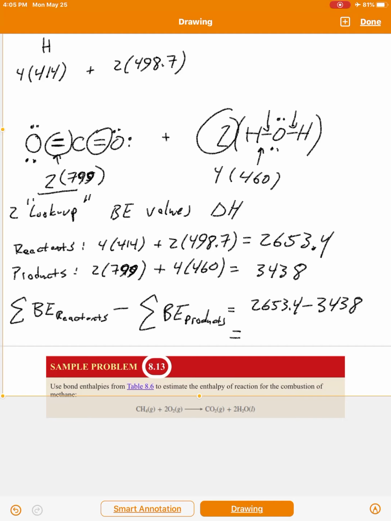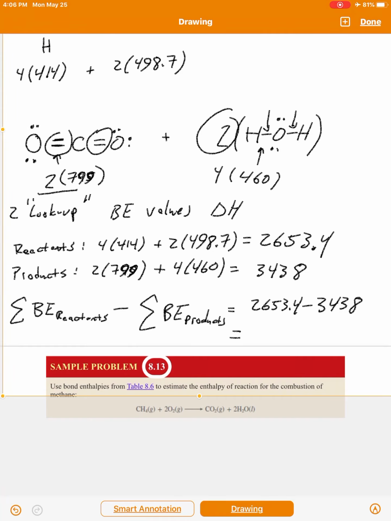Okay? Reactants minus products. Now you may recall from thermochemistry that we do products minus reactants, but this particular calculation is reactants minus products because when you form a product, the enthalpy change is negative, not positive. So we're taking that into account here by subtracting reactants minus products.